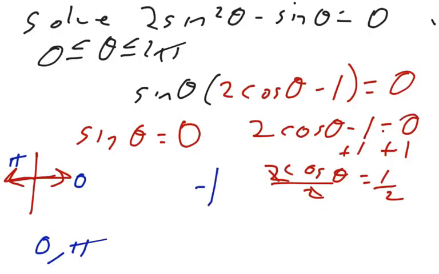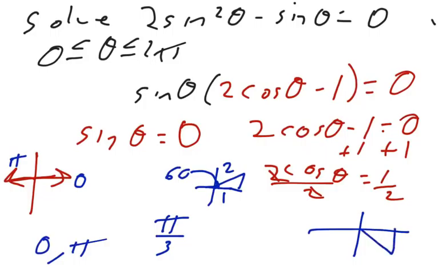The cosine is positive in the first quadrant. And there's cosines, which means we have a 30, 60, 90 triangle, which means we have 60 in there. Well, 60 is the same thing as pi over 3 when we change it to radians.